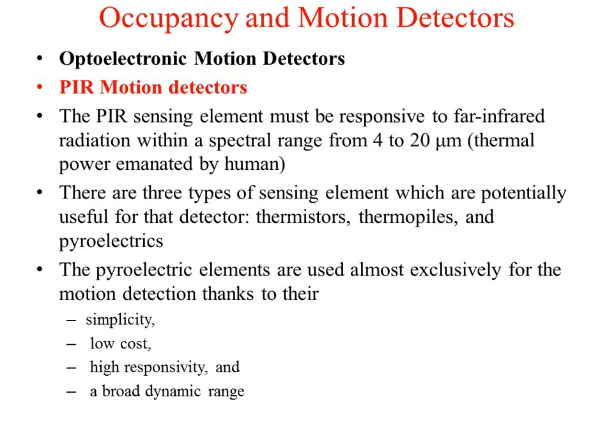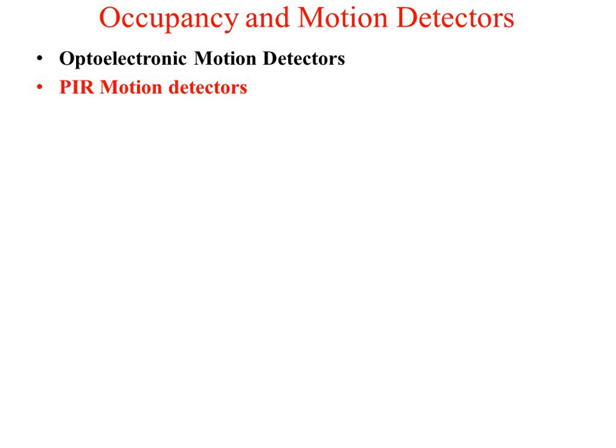The pyroelectric principle is that whenever heat is transferred, it generates an electric charge in such materials, and that charge is proportional to the heat radiated towards that particular element. That is the simplest principle used for this PIR sensor.